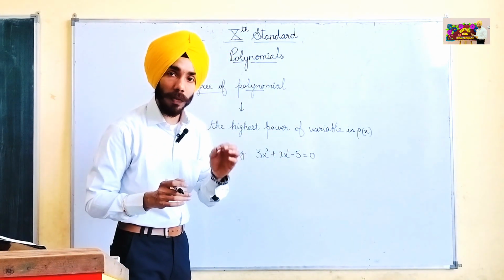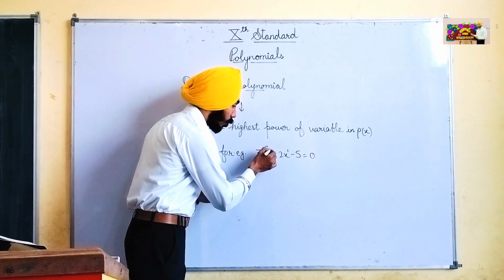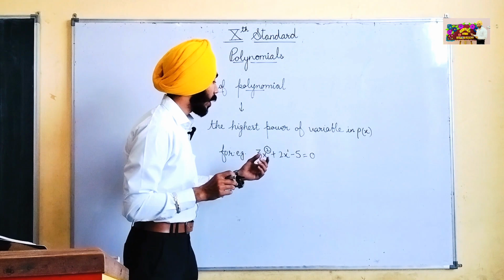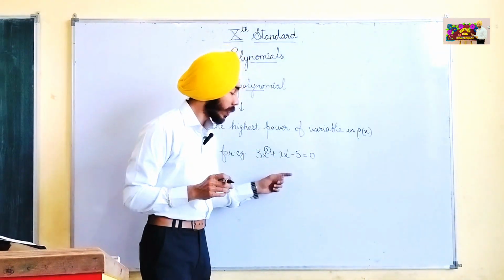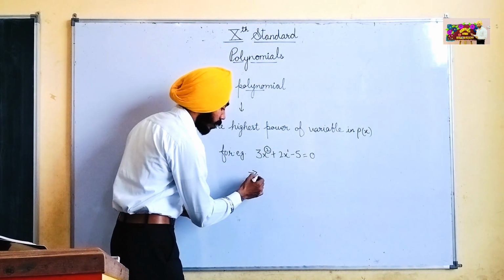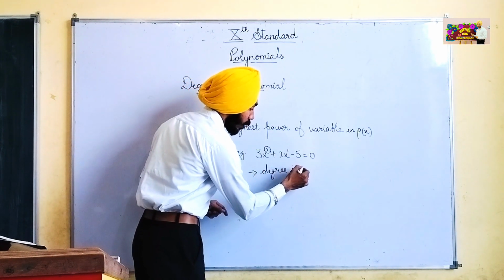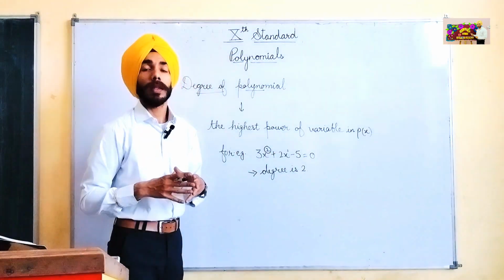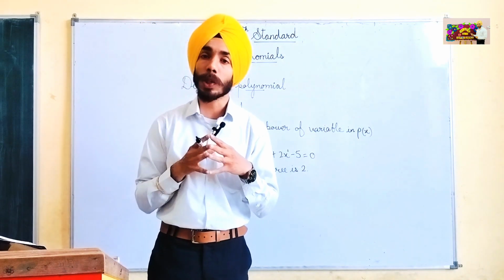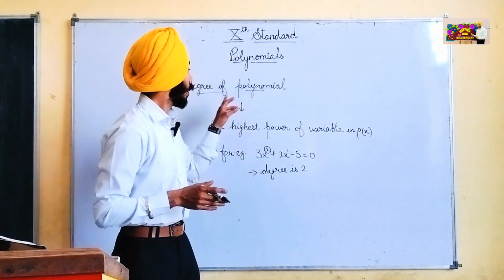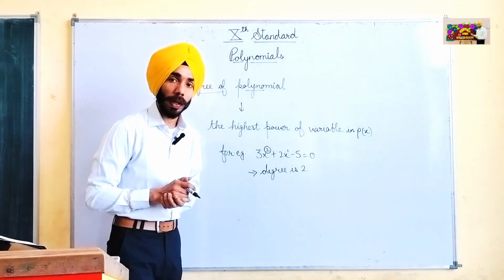So, highest power is 2 of variable x. It means the degree of this polynomial is 2. The highest power of exponent term in given polynomial is called degree of polynomial.